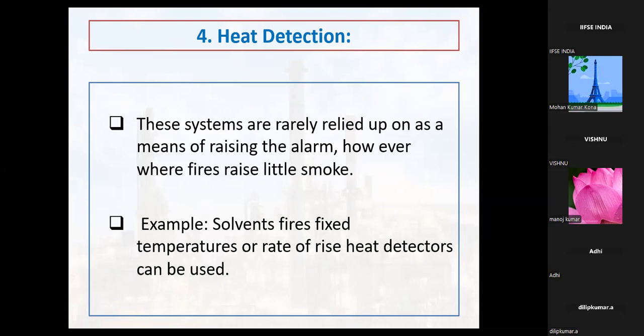The reason, as we have already said, is that only when the threshold limit is reached does it give the alarm. If not, it will not. For example, for a solvent fire, fixed temperature or rate of rise of heat detectors can be used. Mostly this means in the chemical industry, this can be used as a supplement to other systems.